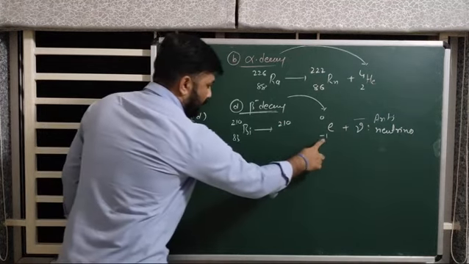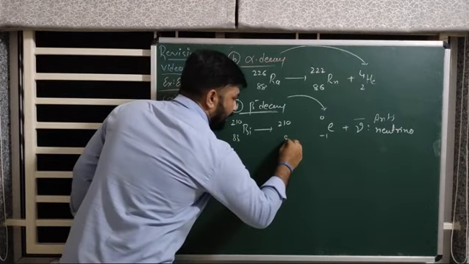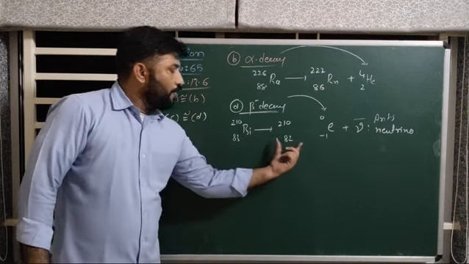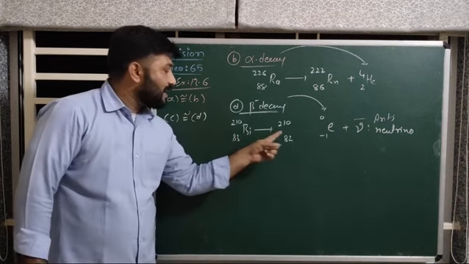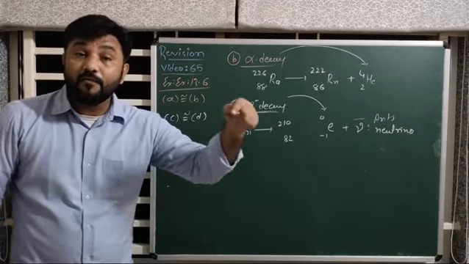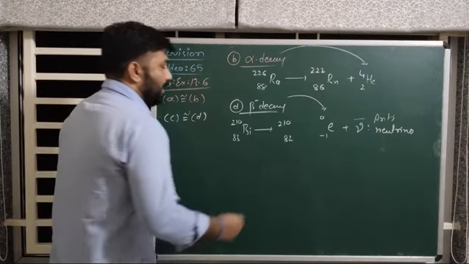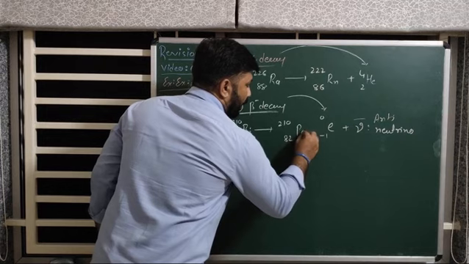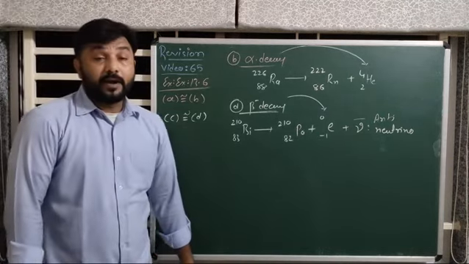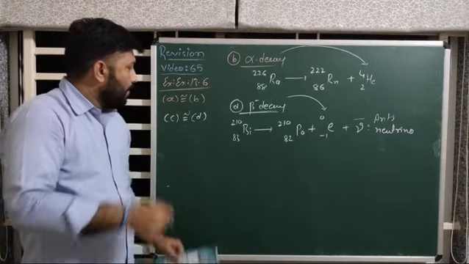But minus 1, 83 minus 1, that is 82. So you can say that new element forms which having same atomic mass but atomic number less than 1, and that element is Po, polonium. Got it? By this way you can write the equation, right?